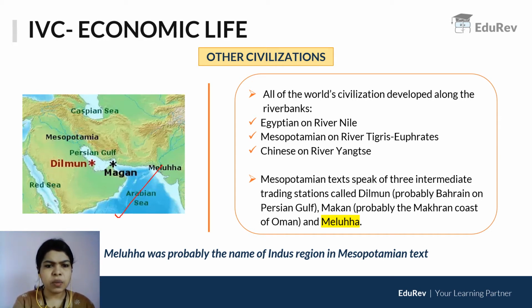Take a look at the map that we have here. The first is Dilmun, which probably refers to Bahrain on the Persian Gulf. Then we have Makan, which probably refers to the Makran coast in Oman. And finally, Meluha. This Meluha is what we refer to as the Indus region in the Mesopotamian text.